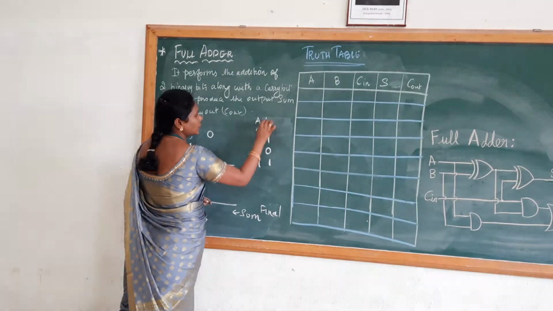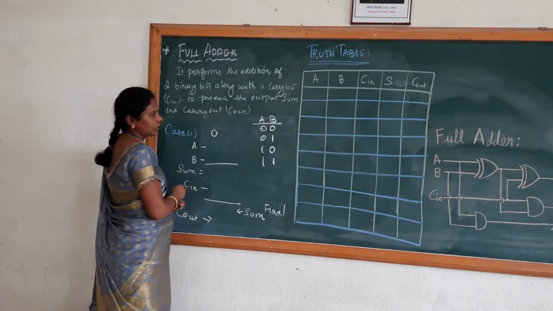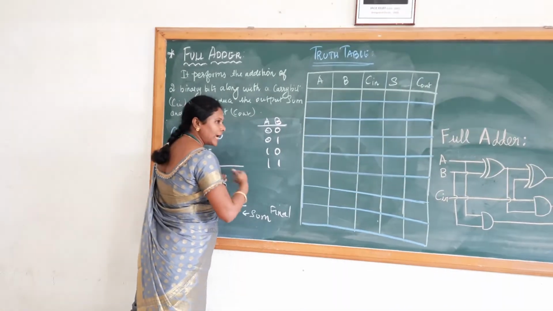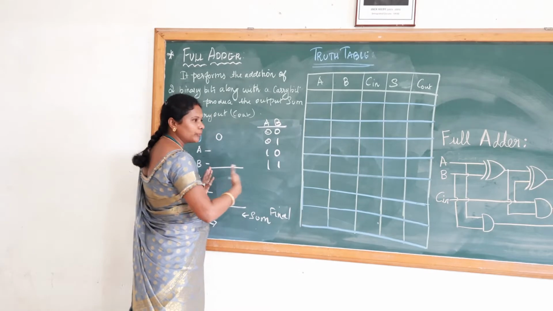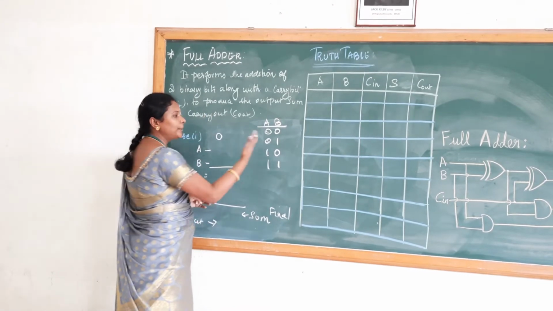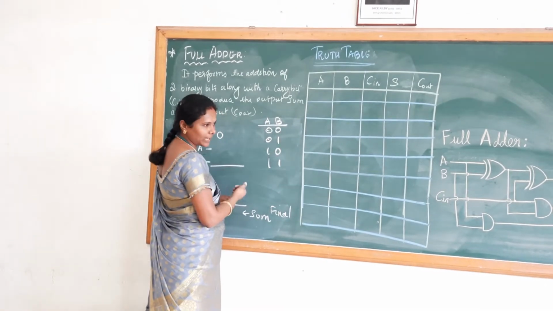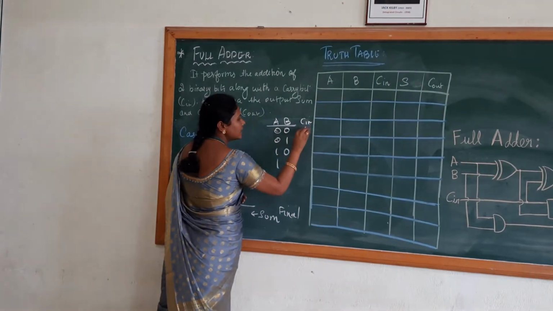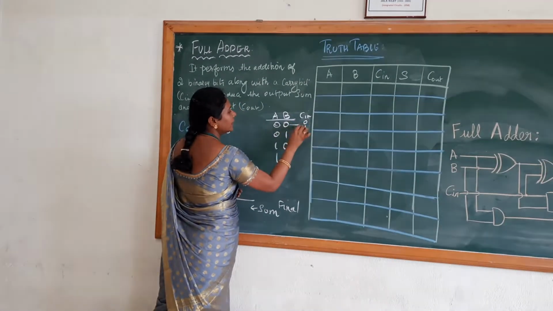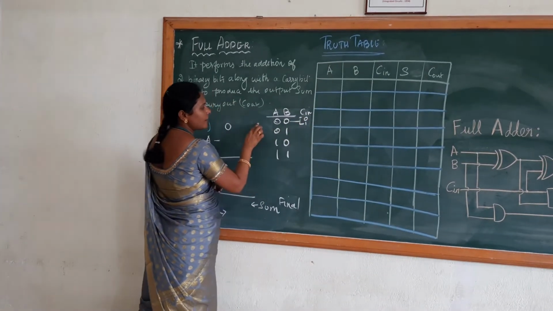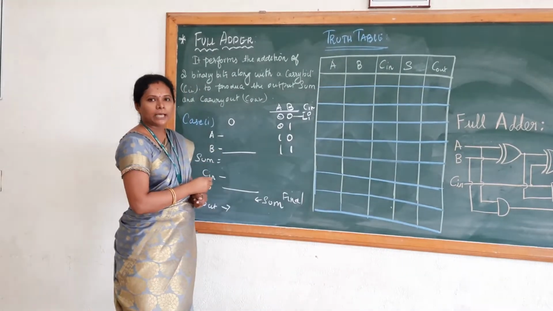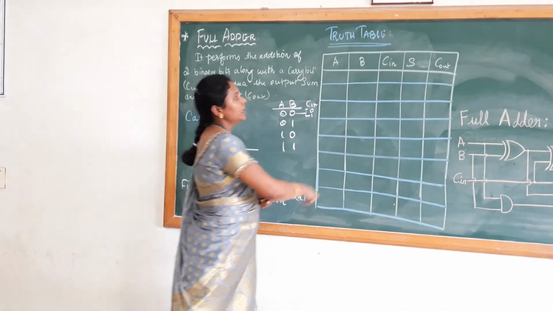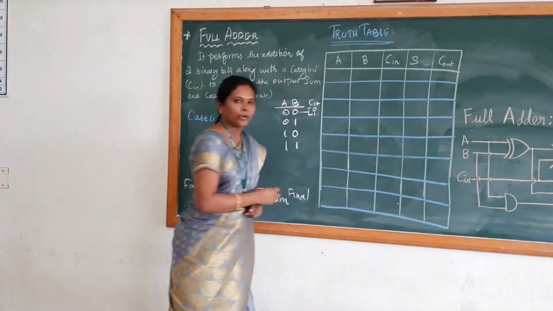Suppose with these two input bits, when I am performing a series of additions, a previous carry would be generated. If that is either 0 or 1, what would be the final sum and carry? That is what we are going to diagnose, and based on that we are going to plot the truth table of your full adder.